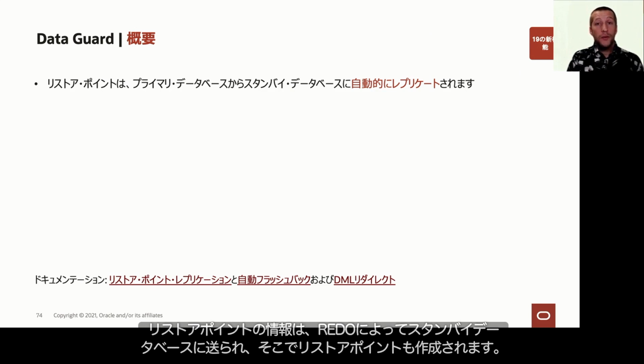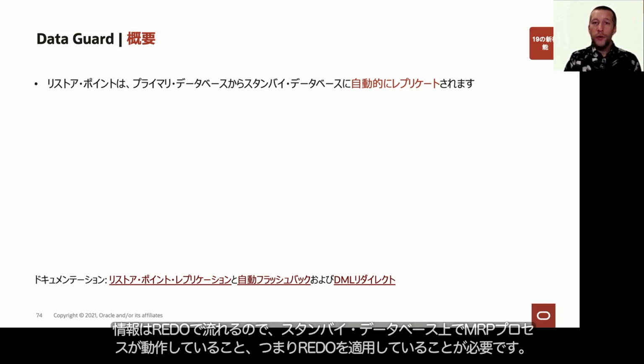The information about the restore point is sent via redo to the standby databases, where the restore point is then also created. Since the information flows with redo, it requires that the MRP process is running on the standby database, i.e., it's applying redo.